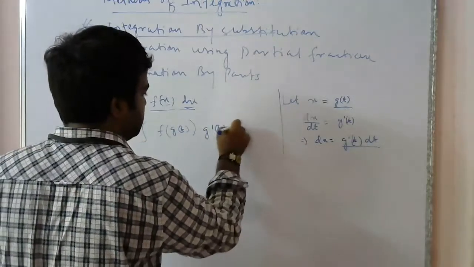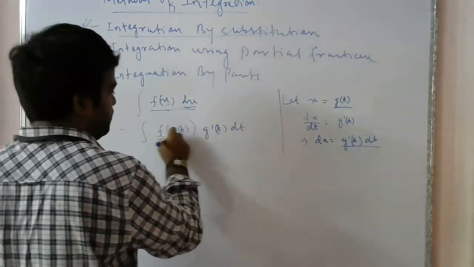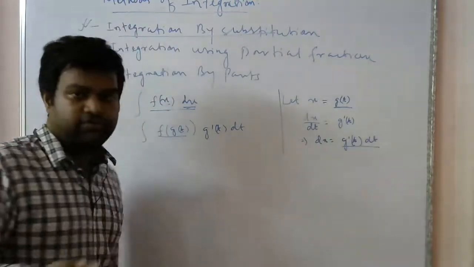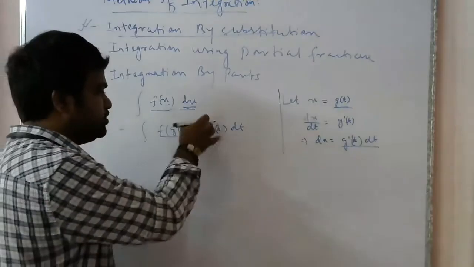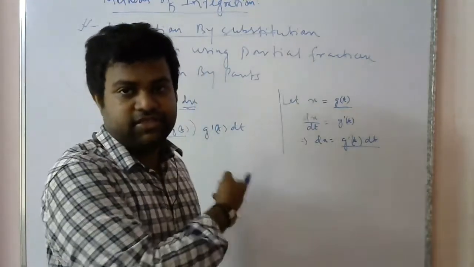Now you see your f of x dx is completely transformed to a new set of variables, that is in t.